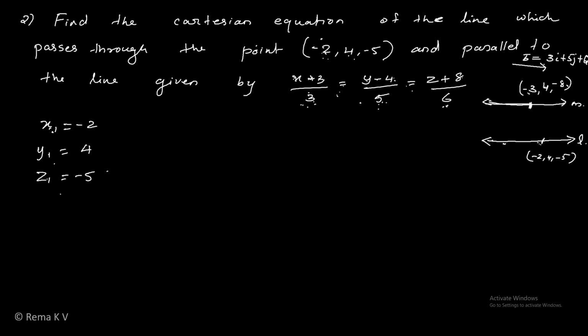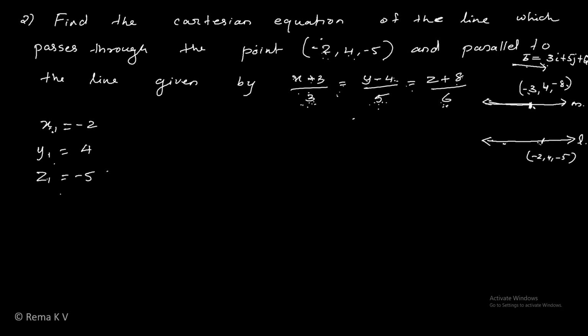So whenever you see an equation like this, you have to identify that this line passes through the point -3, 4, -8, and the direction ratios of a vector which is parallel to it is 3, 5 and 6.